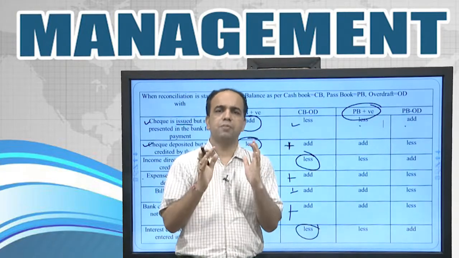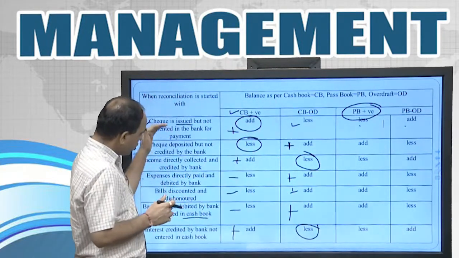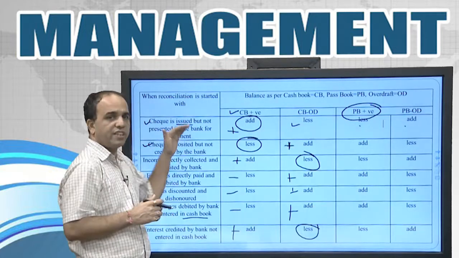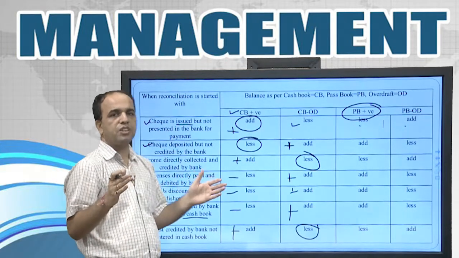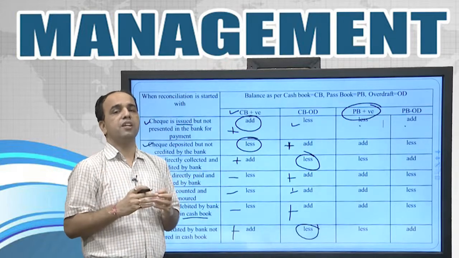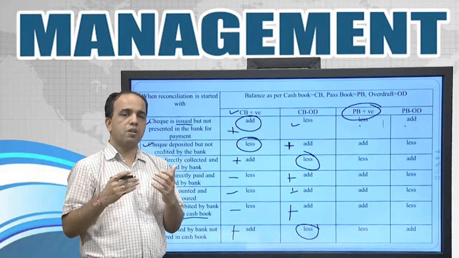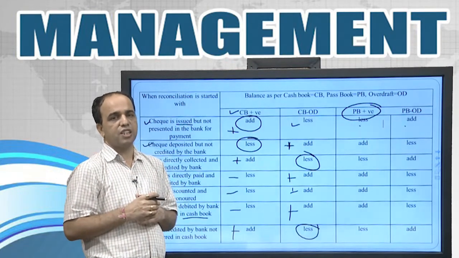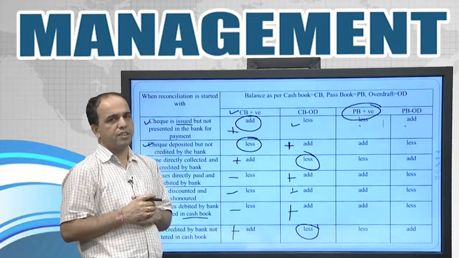So friends, these are the basic rules. We have gone through the various situations, various transactions which create differences between cash and bank balance, but ultimately the actual practical bank reconciliation statement that we prepare is important.